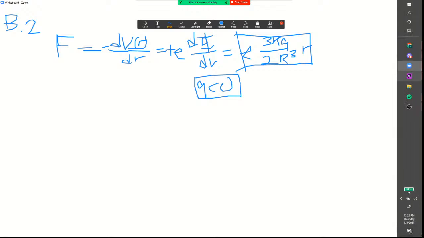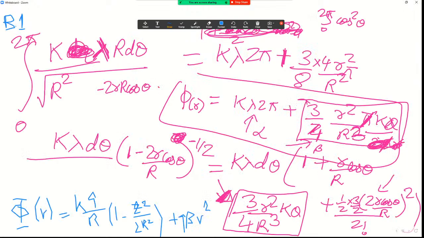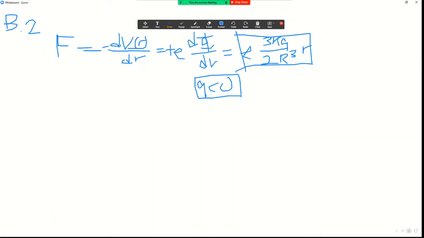Oh yeah, it also says to express in terms of beta. So let's look at what beta was. Okay, so we can directly look at the question, and that is, okay, 2 beta r into q is the force.